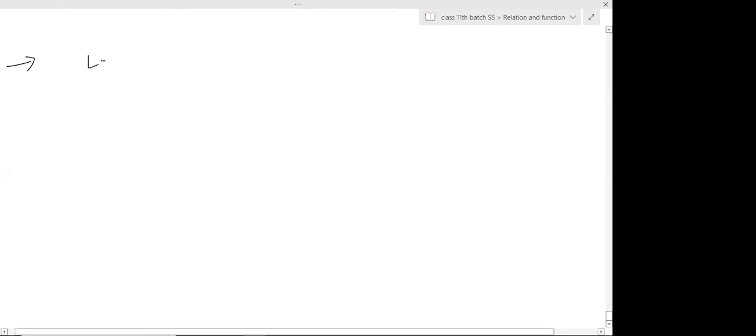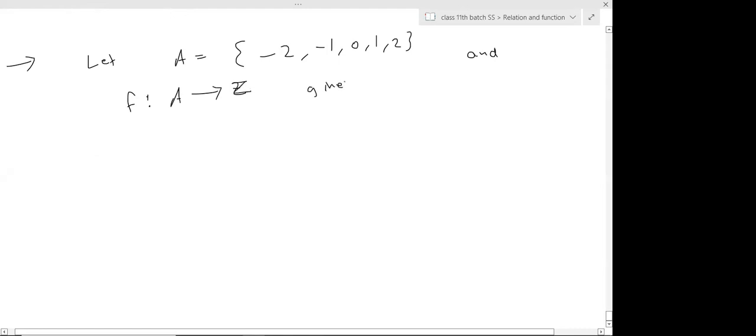Let A equal -2, -1, 0, 1 and 2. And f is from A to Z, capital Z, given by f(x) = x square minus 2x minus 3.